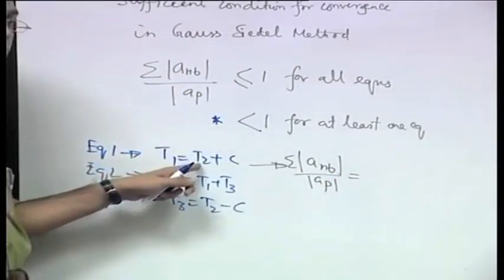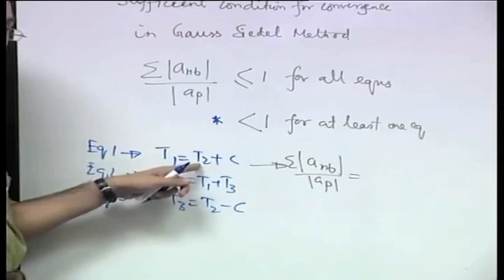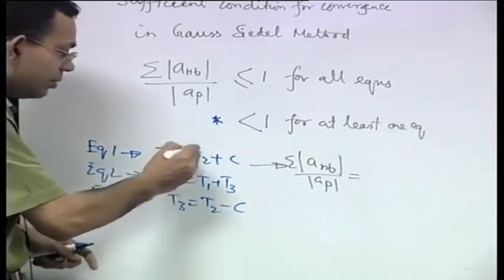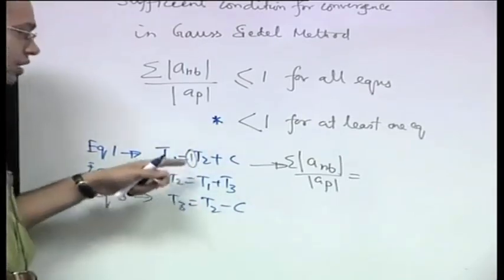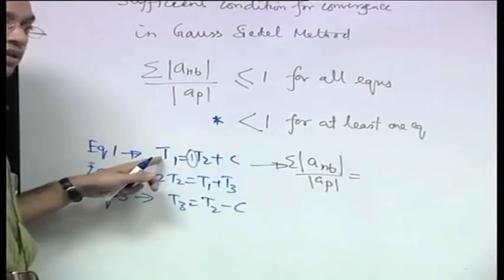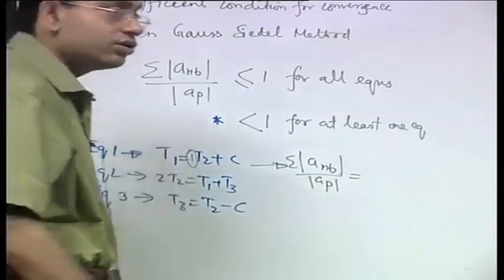How many neighbors are there? One neighbor is there and the corresponding neighboring coefficient is 1 and AP is 1, so 1 by 1 is equal to 1.